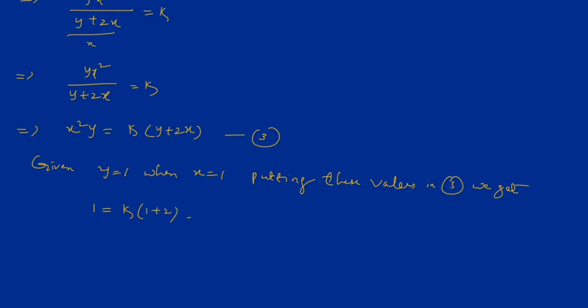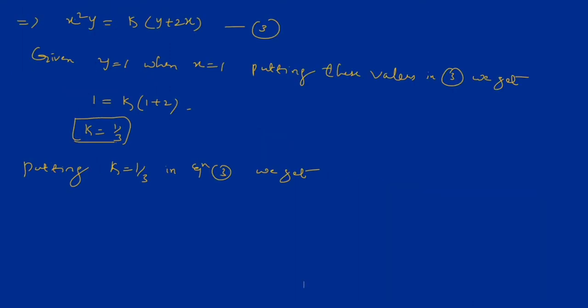So what we get here, 3 goes on LHS, k equals 1 by 3. Putting k equals 1 by 3 in equation 3, we get x square y as it is, which equals the value of k, 1 by 3, times y plus 2x. This is nothing but our required solution of equation 1, right?